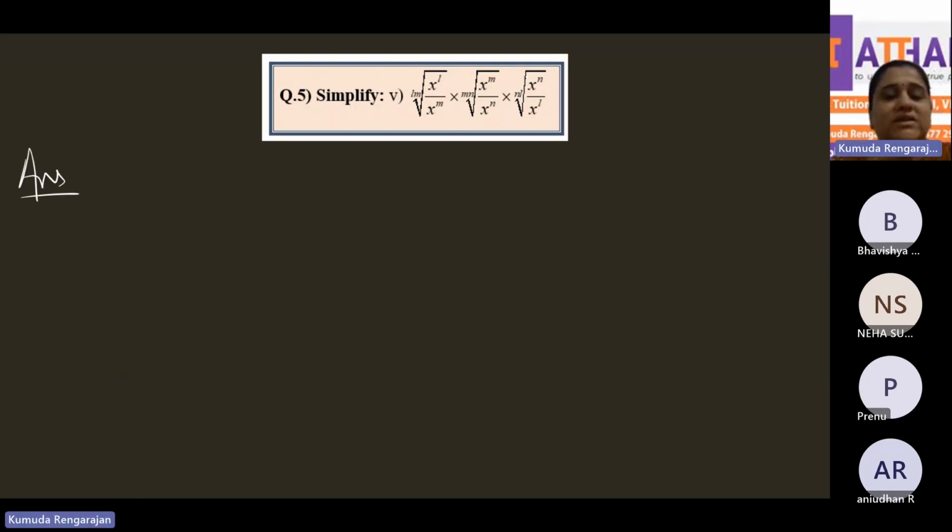Niveda, you can see the radical forms. First, convert them to exponential forms. So tell me only for the first part, only this one. Quickly.